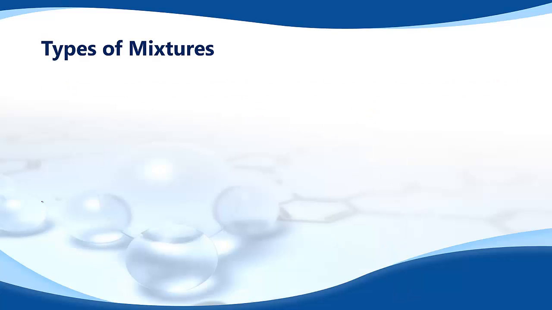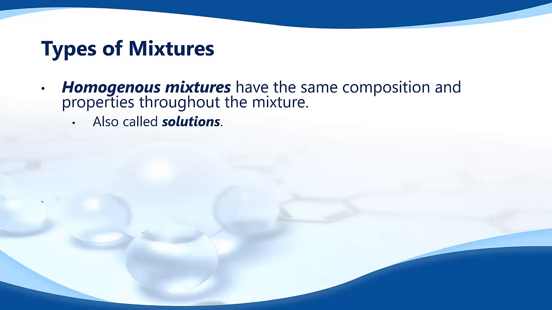There are two types of mixtures depending on how they are basically dispersed. The first is called a homogeneous mixture. Homogeneous mixtures have what's called uniform composition, basically meaning that every sample is the same, everything is evenly distributed throughout the sample, and its properties are the same no matter where I take it from. Right?